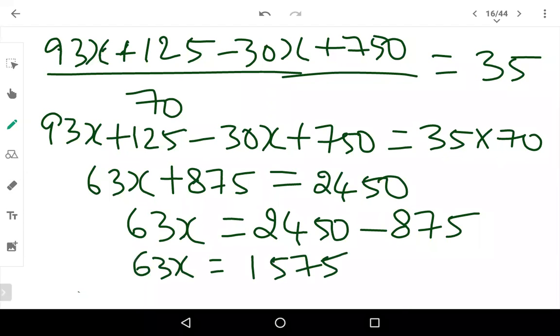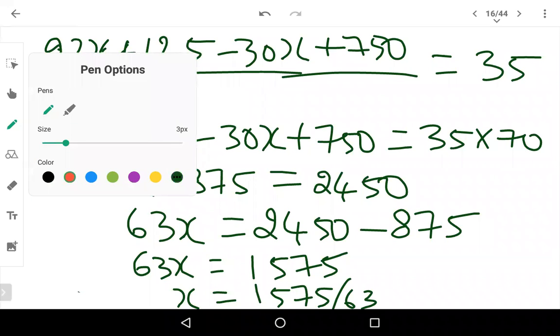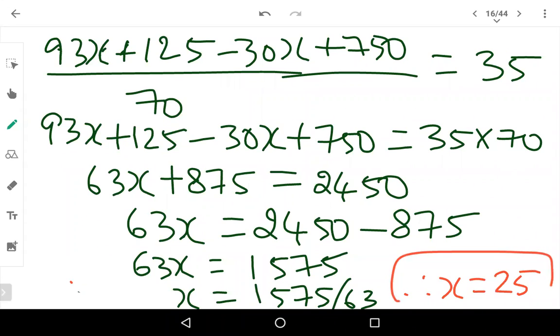Is this the right answer? 1575. So x is equal to 1575 divided by 63. Correct, Sindhu. If you divide this, you will get x is equal to 25. So this is the value of x which we are supposed to find.